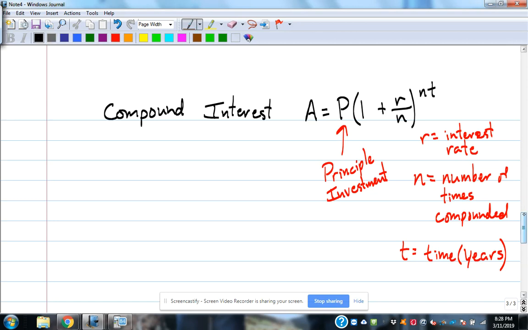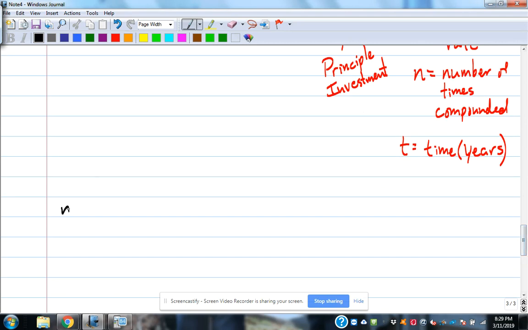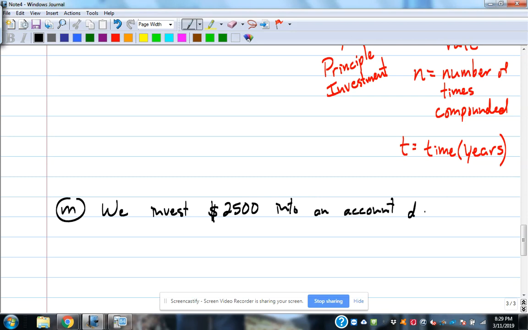So let's start out with the easiest of the problems, and that would be one where we invest $2,500 into an account. Let's say we're back in the 80s, and the interest rate is 6%.